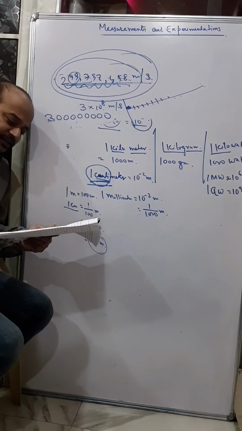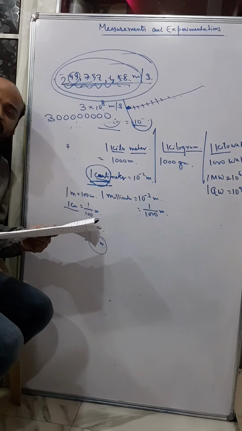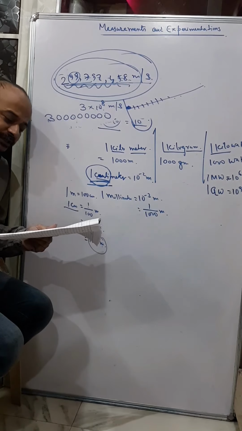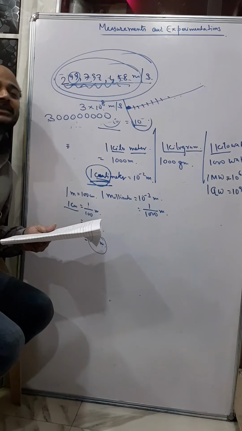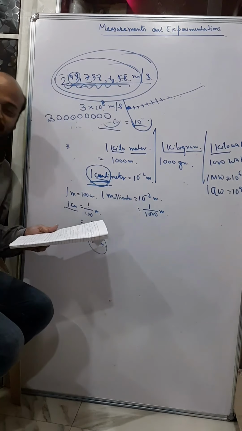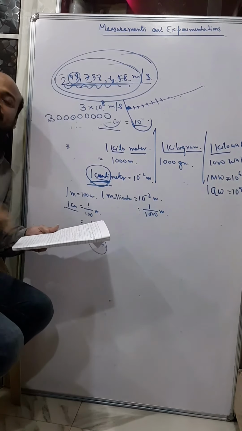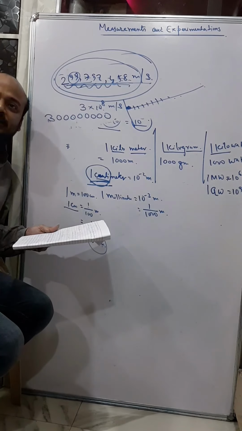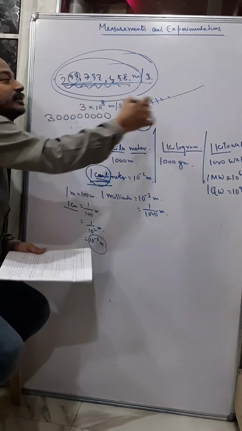And the definition is given. One astronomical unit is equal to the mean distance between the earth and the sun. Mean distance, because there is no fixed distance between earth and sun, as the earth revolves around the sun in an elliptical path.